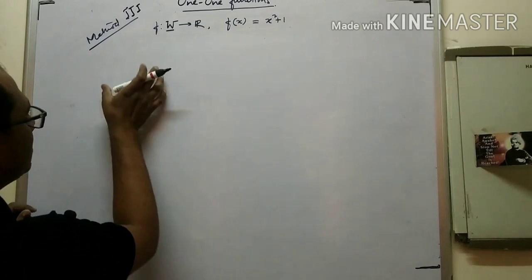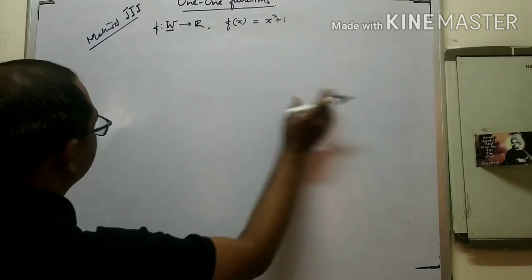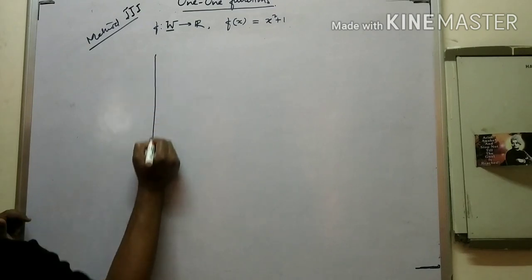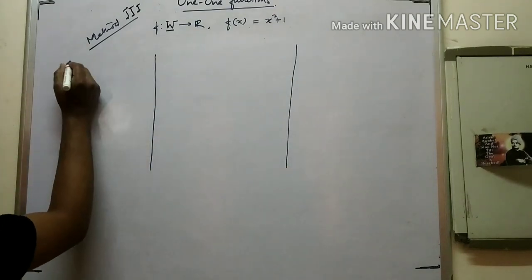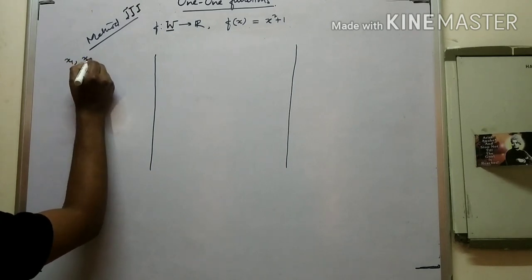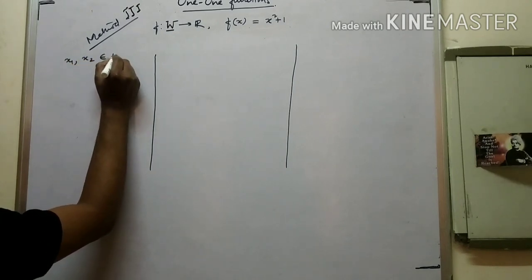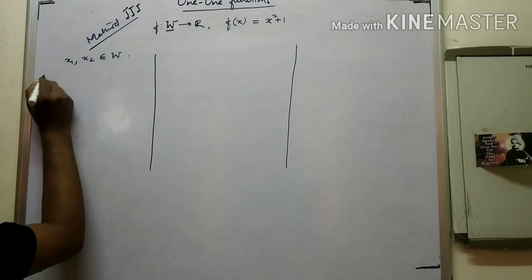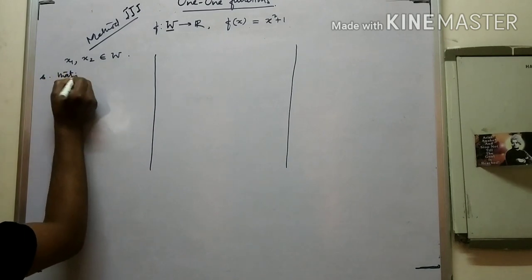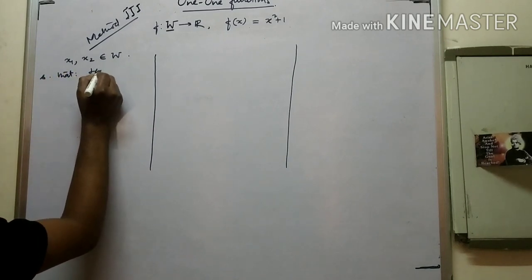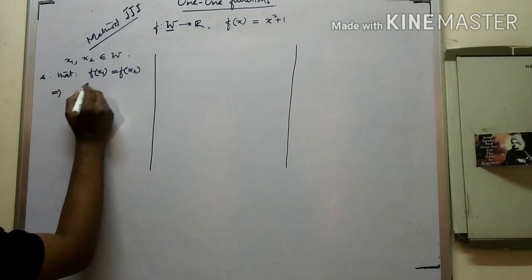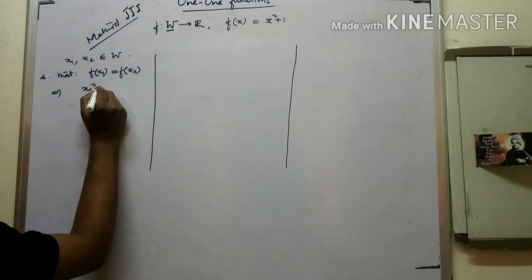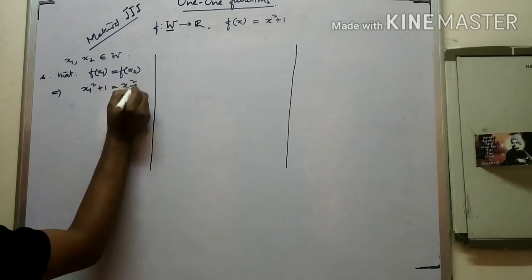So I'll try to do it by all three methods here: method 1, method 2 and method 3. So method 1, what will we do? Let x1, x2 belong to our domain, which is W now, such that f x1 equal to f x2. So ultimately we'll get x1 square plus 1 equal to x2 square plus 1.